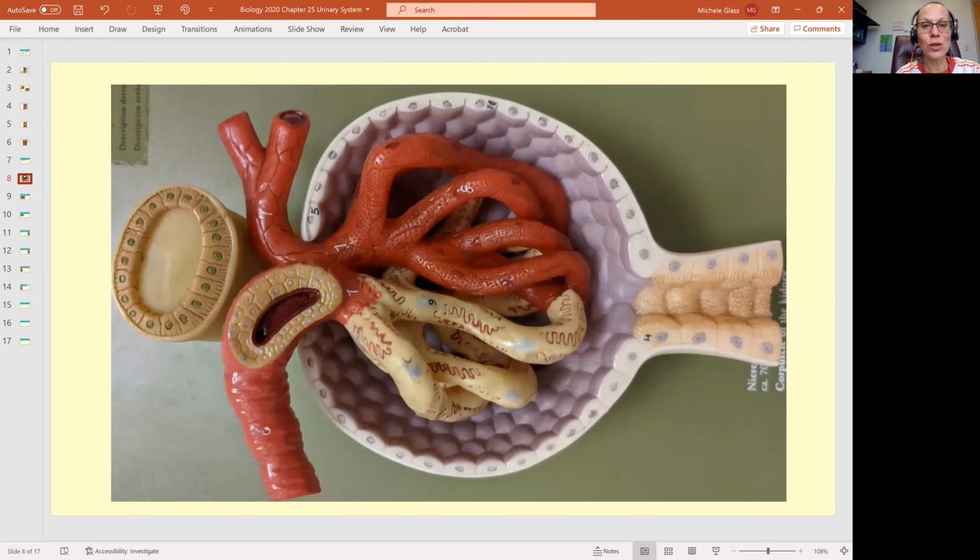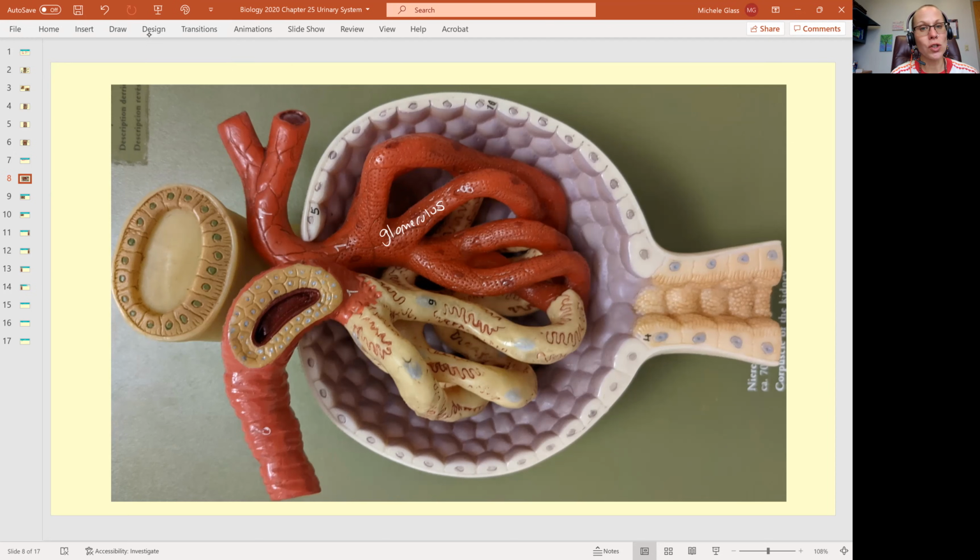So let's take a look at the Bowman's capsule or glomerular capsule. And what we should see is that the glomerular capsule is going to encase what's called the glomerulus. And so what we're looking at in this model is a cut through Bowman's capsule. And we're able to see inside the capsule.